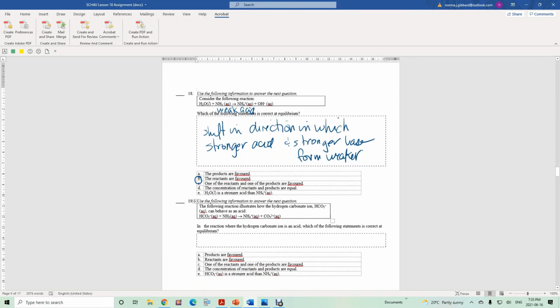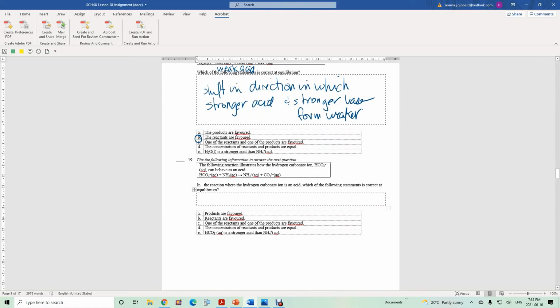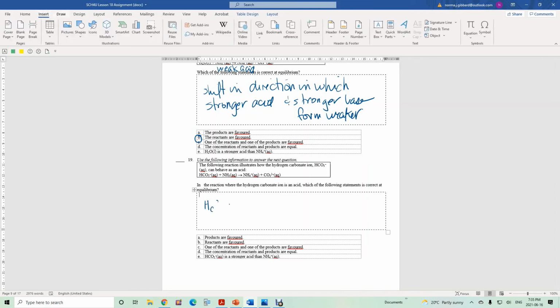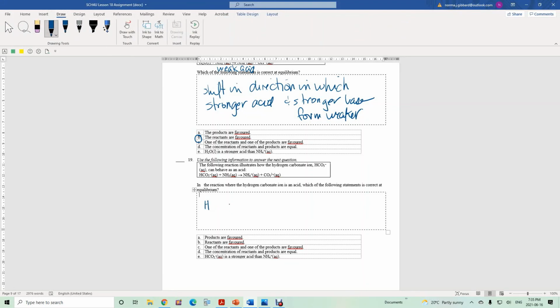Okay, so number 19, here we have HCO3, your acid, your NH3, your NH4 plus go together, and your CO3 2 minus go together.